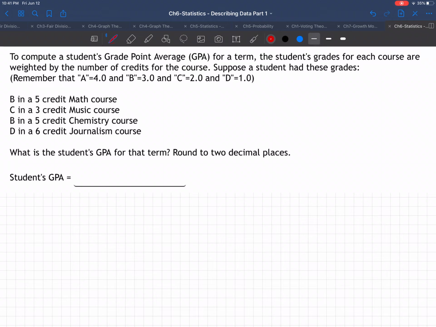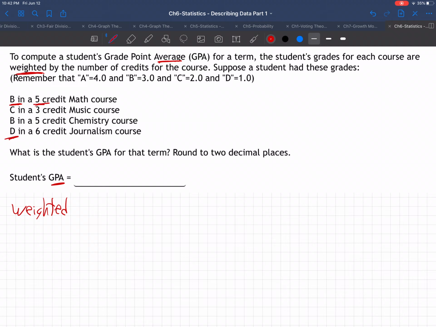This is called a weighted average. It's an average, the average grade. We're trying to figure the GPA, the grade point average. It's a fancy average called a weighted average. What we mean is the B here is going to have a big effect because it's a 5-unit course.